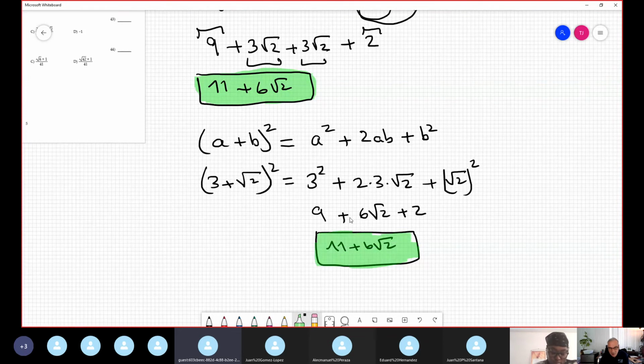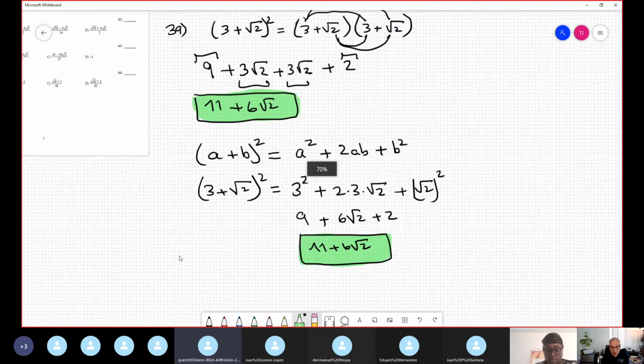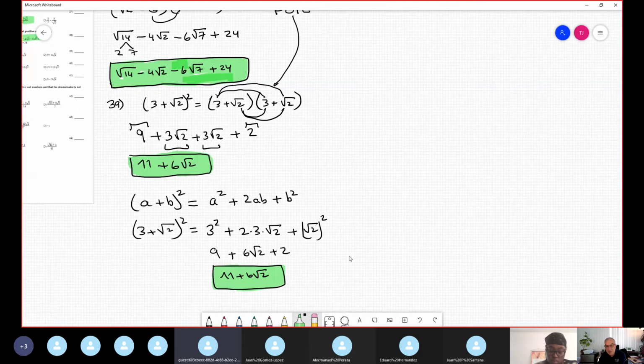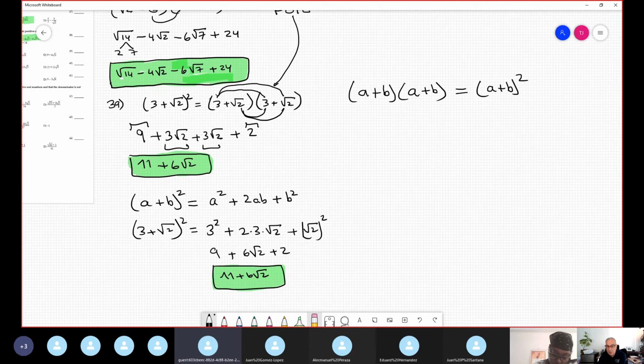Some people, I don't know why, don't like the formula. What's the reason that we have the formula? Because we have two special products. What are the two special products? It's important that you memorize this. Your algebra is more efficient. The first special product is when you multiply any binomial, a plus b, by itself, twin brother, which by the way is equivalent to (a plus b) squared.